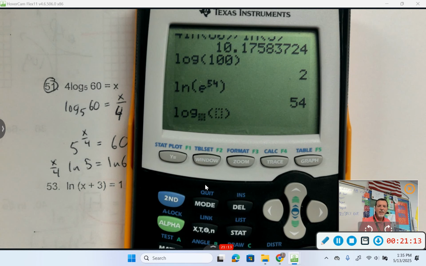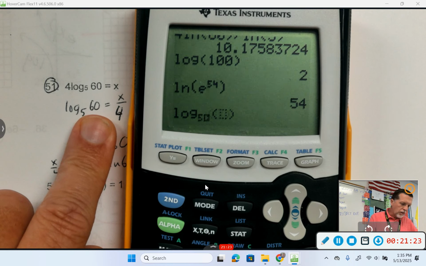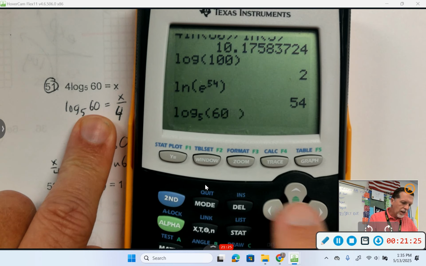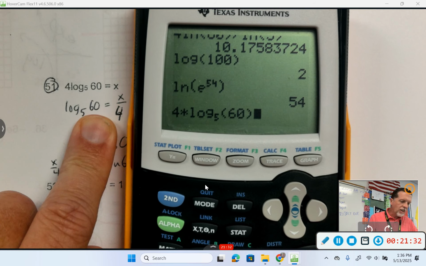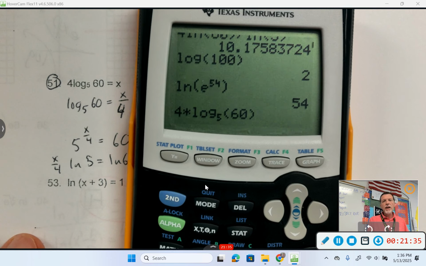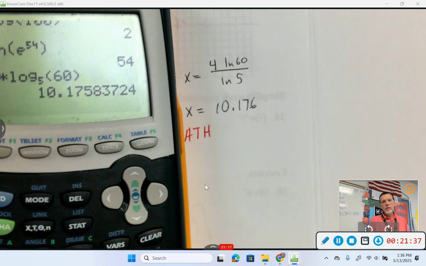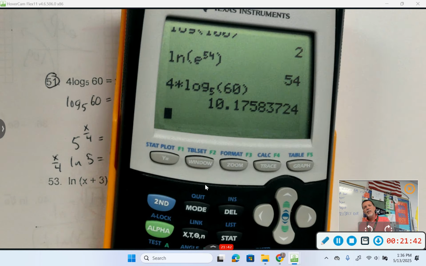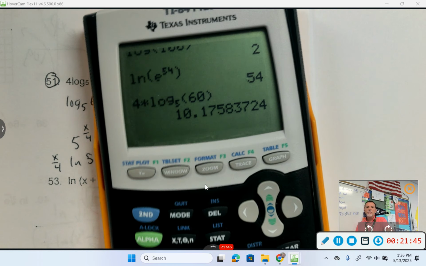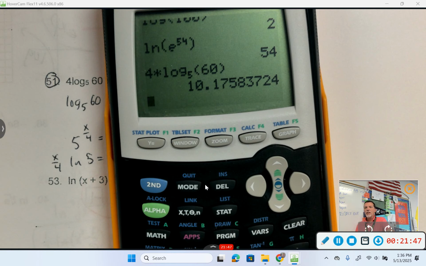You press enter, and voila, it's got a little spot for you to pick your own base there. So 10 and e are common, but if you get one that's different, you can say, oh, I can do log base 5 of 60. And I was supposed to multiply that by 4. That's okay. So 4 times log base 5 of 60. Hopefully that's the same thing we got. 10.176. Hey, it is. So log base is a little cheat code that the calculator has if you know where to find it.